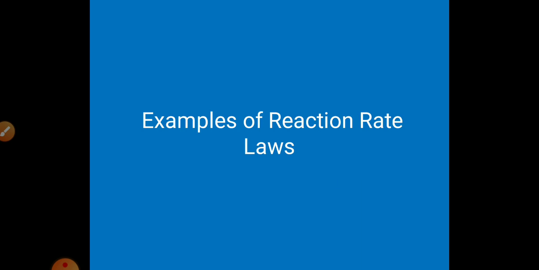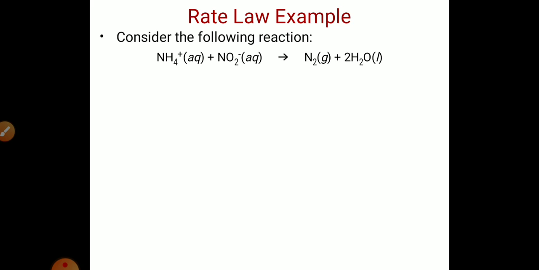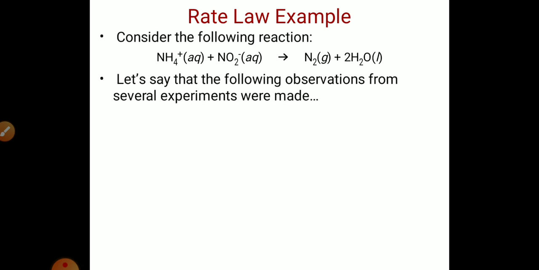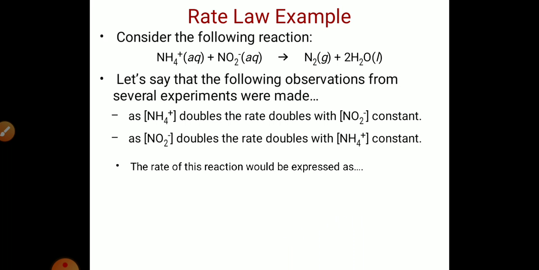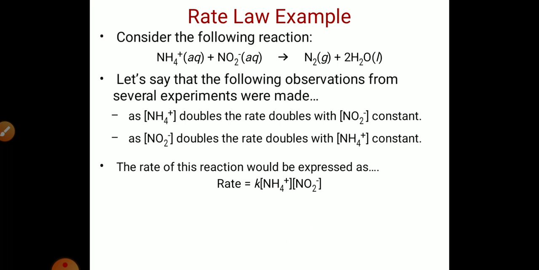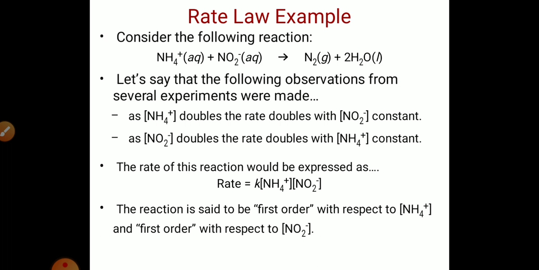The next is an example of a reaction rate law. Here you can consider the following reaction: NH4+ aqueous plus NO2- gives N2 gas plus twice the moles of H2O liquid.